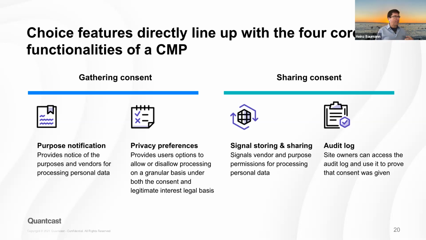So obviously the first part is we need to disclose what we do, so the notice of the purposes and vendors for processing personal data. There is privacy preferences, which provides user options to allow or disallow processing, and then signal storing and sharing. So we're storing the signal, and then we also share it as part of the API.